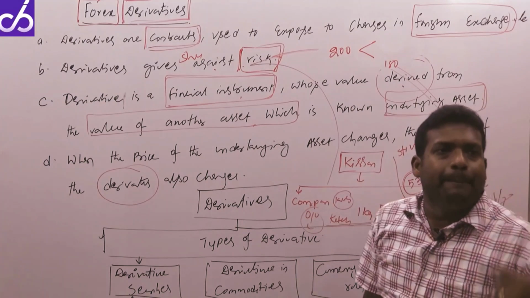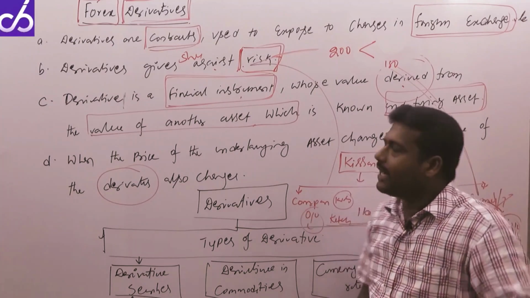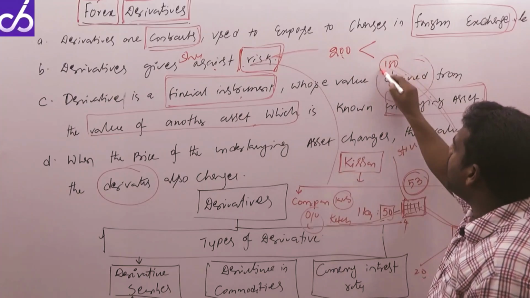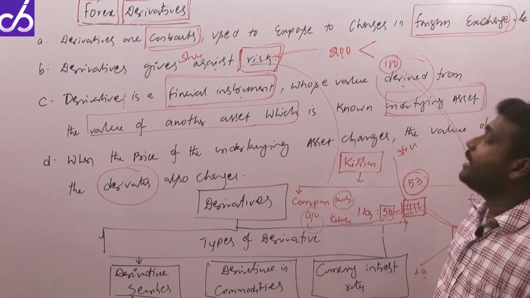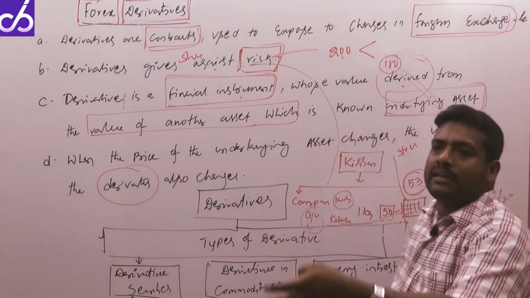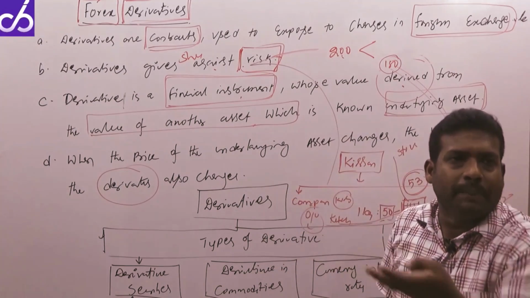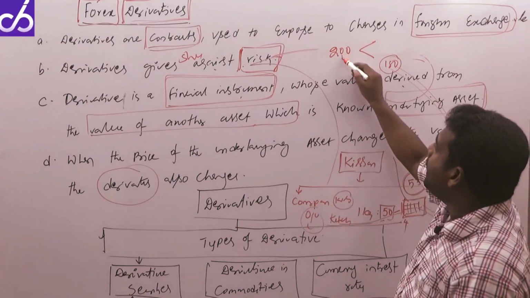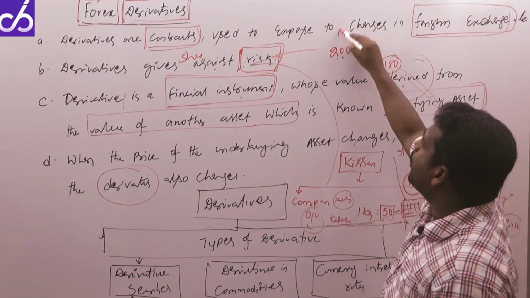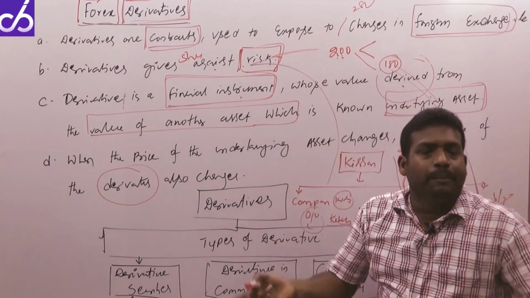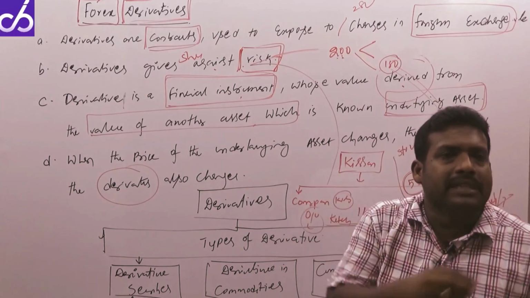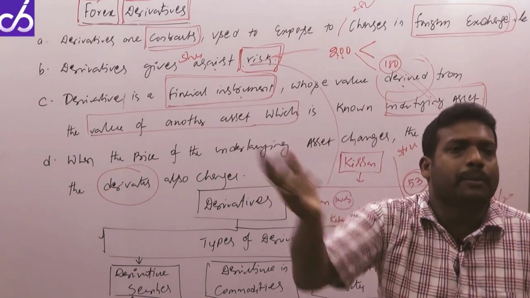Now I will make a bet with the stock market. I will make a challenge that this 200 is going to be, what is that, 180. And some other person, the counterparty, may say that SBI is not going to come to 180, it is going to 280. Now both of us have a bet. For that purpose, I will contribute some amount, and he will contribute some amount.